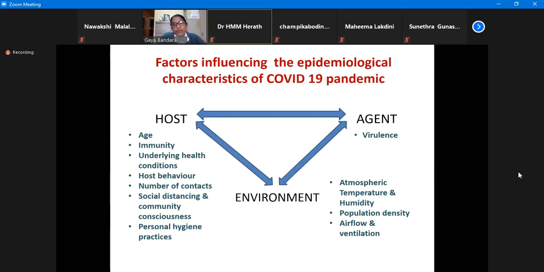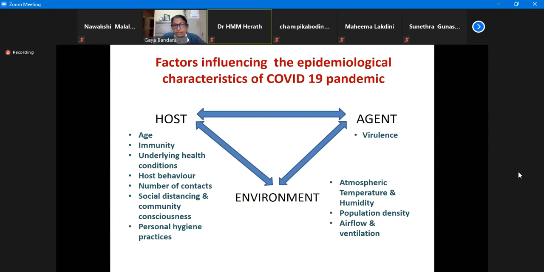And for those who have done your epidemiology lectures, this slide might be familiar to you. You know what this diagram is? It is called the epidemiological triad. The 3 key factors that affect the transmission of a disease: the host, agent, environment, and the interaction between this triad.